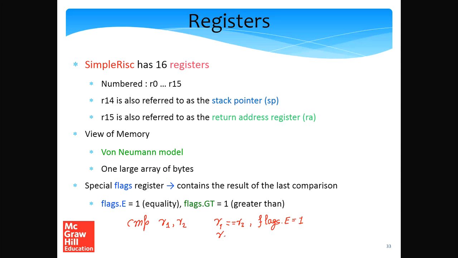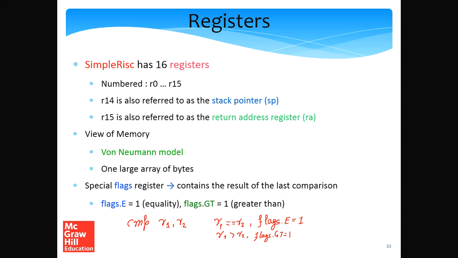If R1 is greater than R2, the default value of E and GT is 0, so the E field is clearly 0, and we set flags.GT, greater than, as 1. If R1 is less than R2, clearly flags.E is 0 and flags.GT is 0.